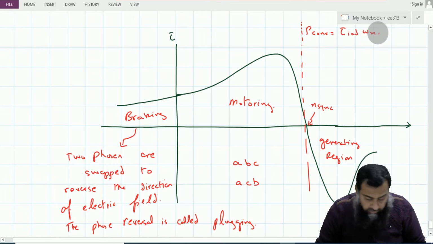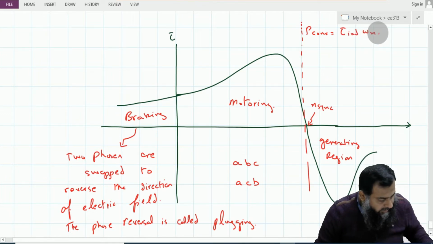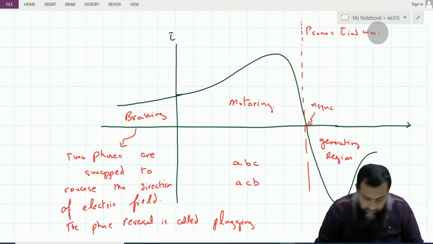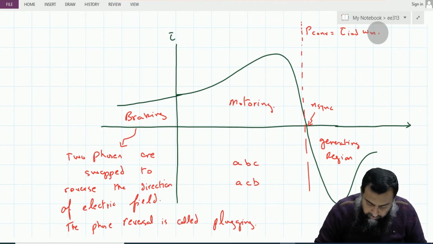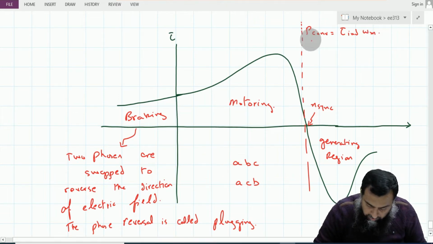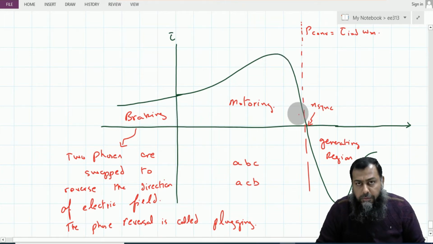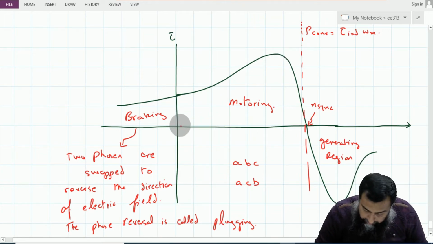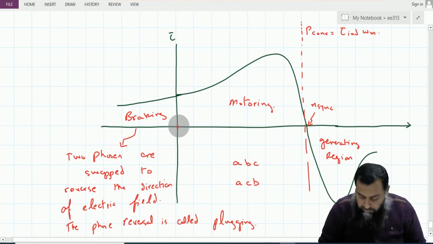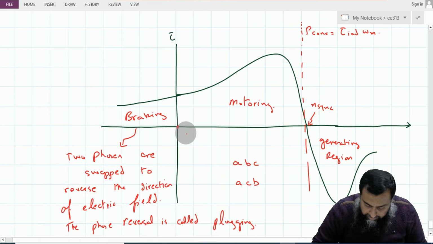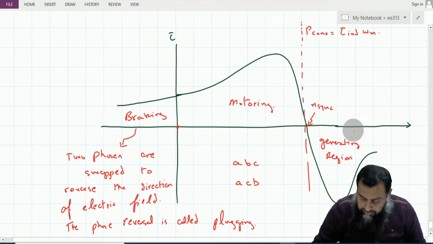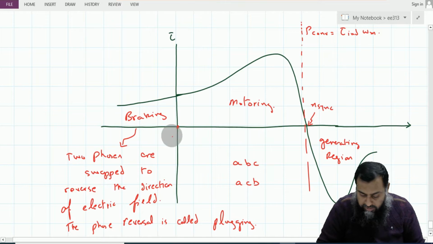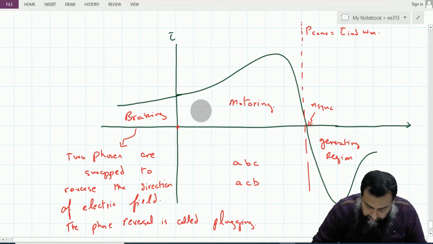So what we shall do here is plot this converted power on the same graph to see how much it differs from the torque speed characteristics of an induction motor. At the start, omega m is 0, and therefore it will start from this particular point, and then as we move along the speed axis, along the x-axis and the y-axis simultaneously, we get this type of characteristic curve here.